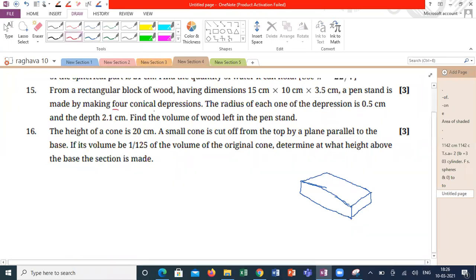By making 4 conical depressions of the radius, so the total volume is 3.5 times 10 times 15. That's it. Do it. Try.